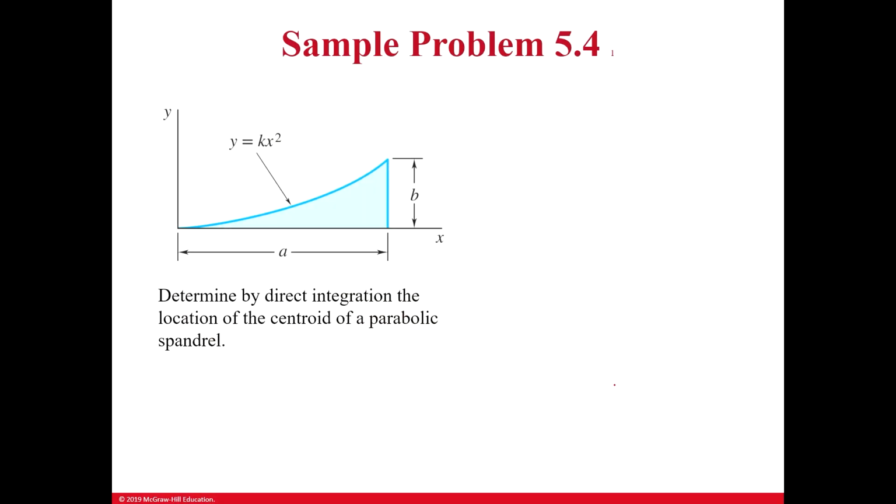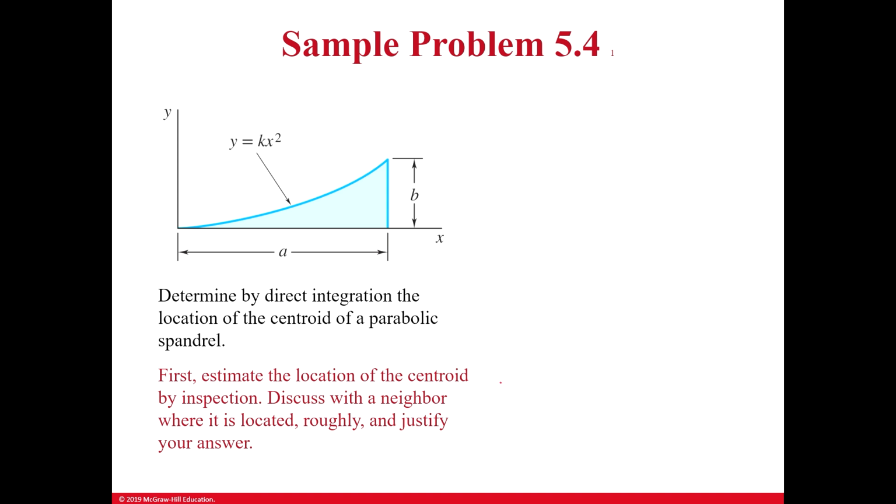All right, so this is a good example, and we have a parabola. The example is telling us to find the centroid of the body. So we have a rectangular coordinate system in x and y.